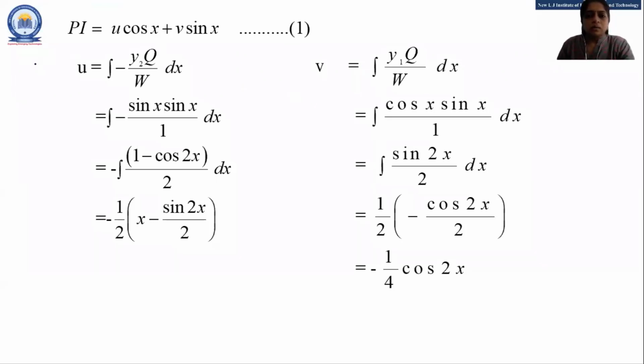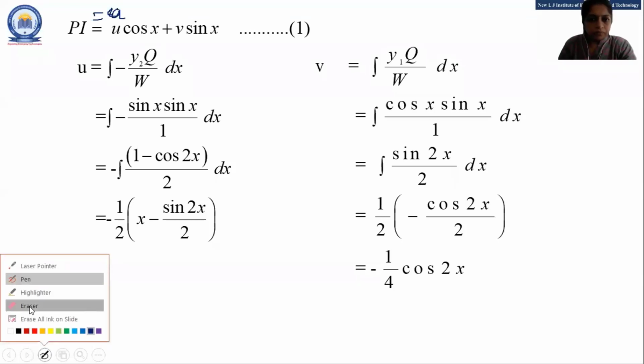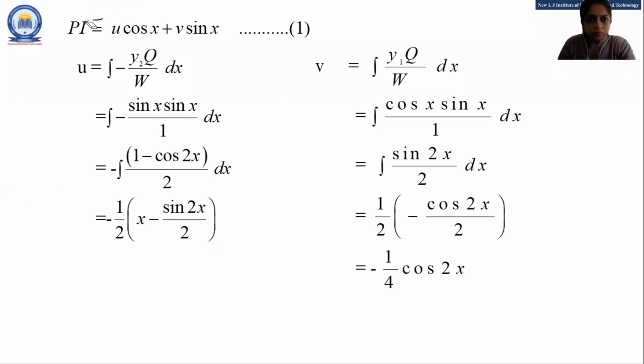So here, the third step is, students, yp is equal to u times, what is the formula of yp? The formula of yp is u y1 plus v y2, right?